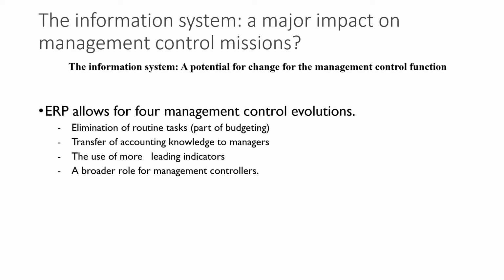It is critical for management to establish a more and more formal and decisive commitment by introducing change and instrumenting its internal management in order to achieve positive results. For that, we have two ways to see it. First, ERP allows for management control evolution.